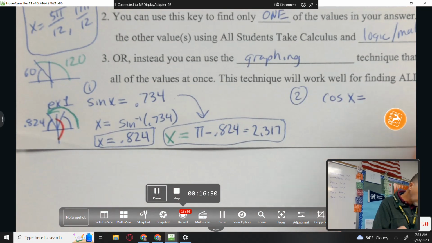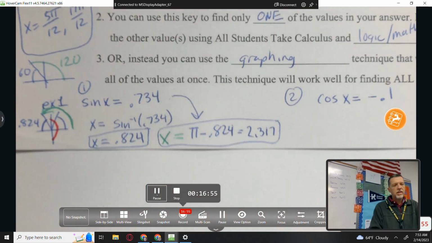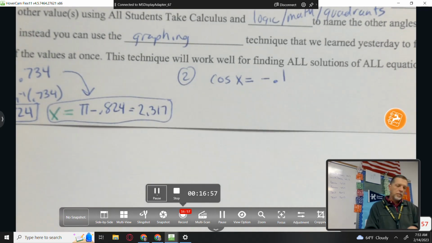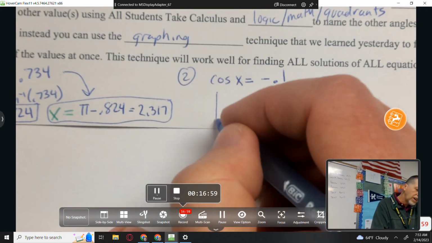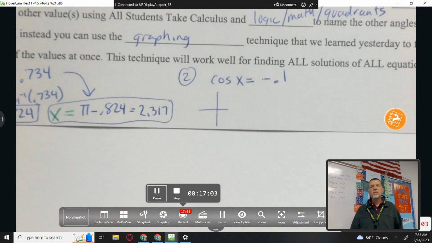Let's say cosine of x equals negative 0.1. All right, where's the cosine negative? Plan ahead here. What quadrants have a negative cosine? 2 and 3, the stuff on the left.